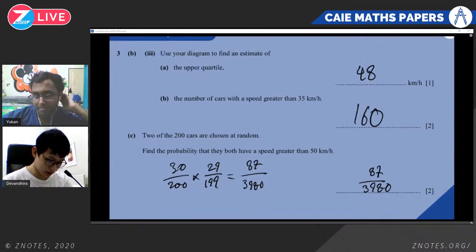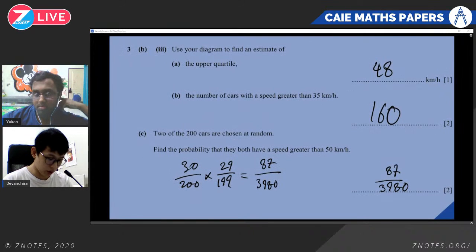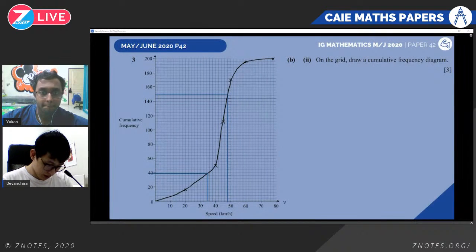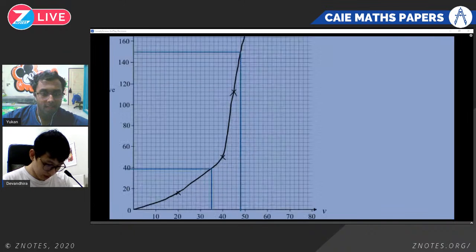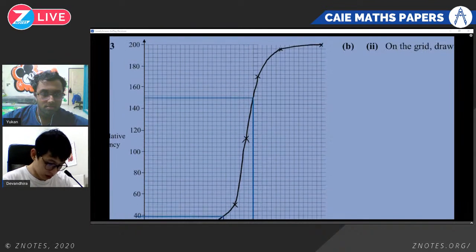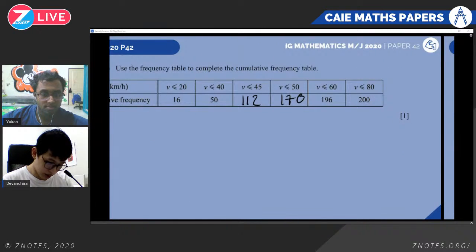Okay, so next one. Two of the 200 cars are chosen at random. Find the probability that they both have a speed greater than 50 kilometers per hour. So right here, we can see that 50 kilometers per hour corresponds to this point that we got before. So there are 170 cars which are less than 50 kilometers per hour, correct?